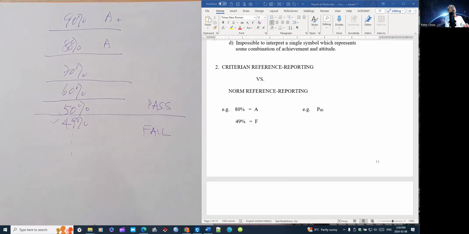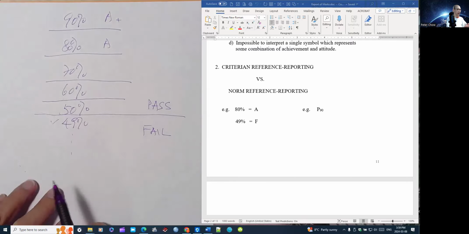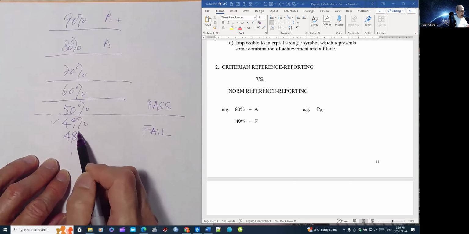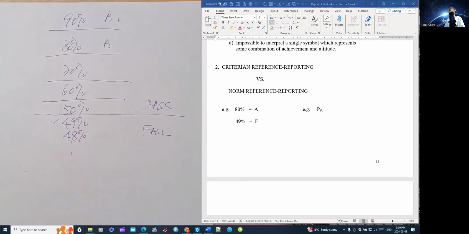Okay, and also, Peter's test may not be 100% reliable, or may not be 100% valid. Okay? So some fault on my part, some fault on the student's part. Is that right? So 49%, I will pass the student. And then you may say, Peter, okay, 48%. What do you do?